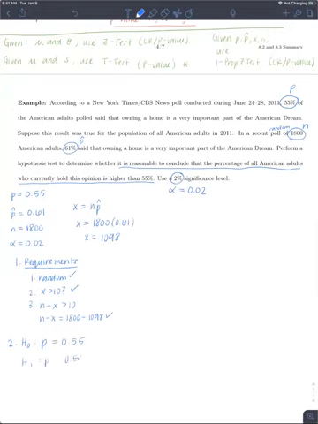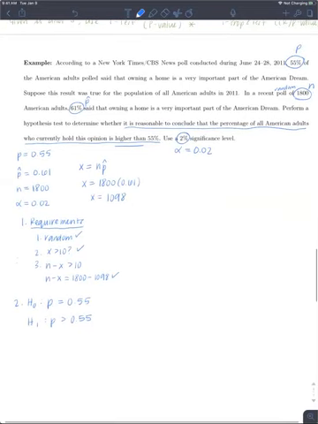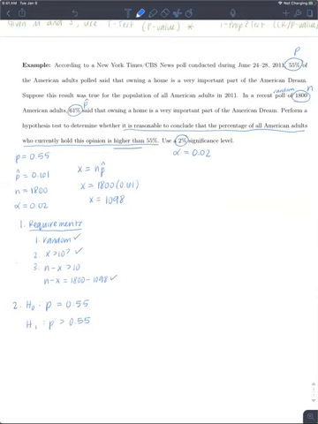So I know I'm going to have P is something 0.55, but what sign should I have there? Less than, greater than, or not equal to? Greater than, because it says higher than right here in the problem. So yeah, P is going to be greater than 0.55. And so then now that I have my null and alternative hypotheses, I didn't tell you which method to use.